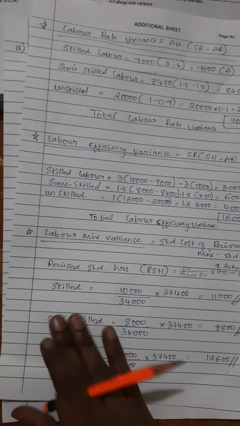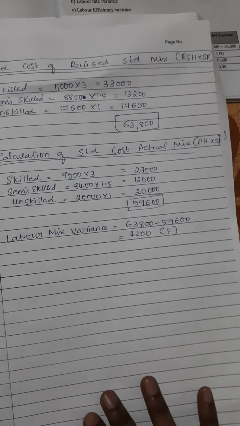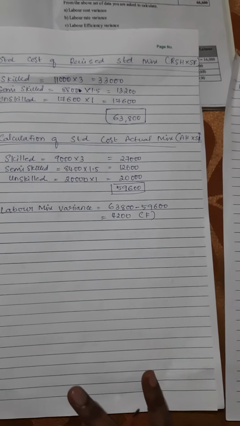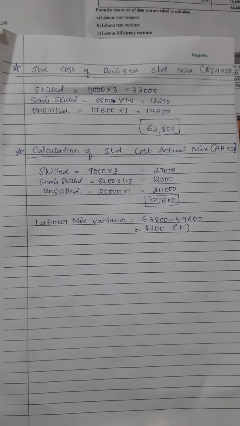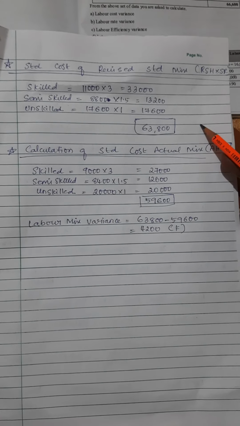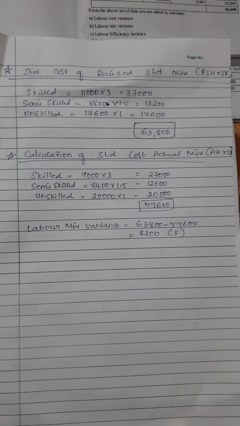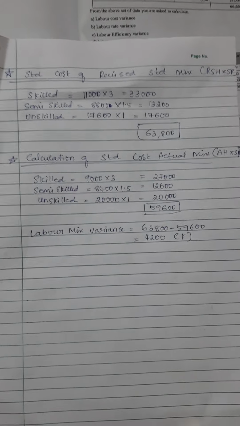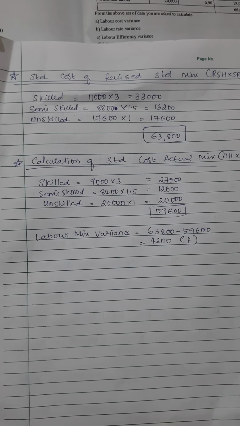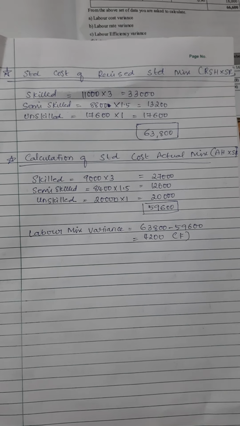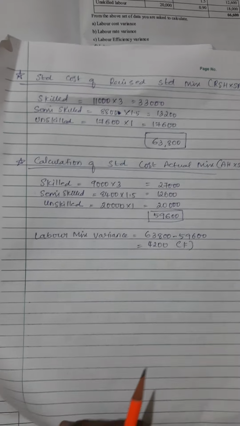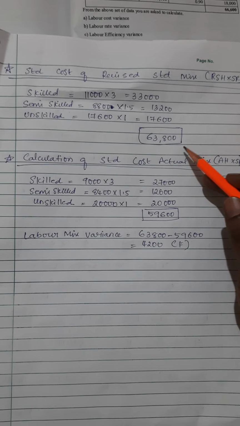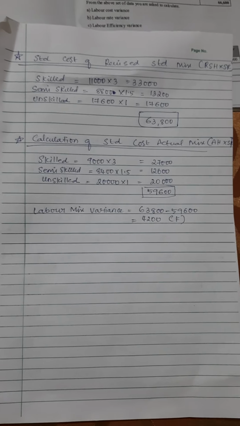Okay, now standard cost of revised standard mix, that is RSH into SR. So 11,000 into 3, 8,800 into 1.5 and 17,600 into 1, you will get a total of 63,800.